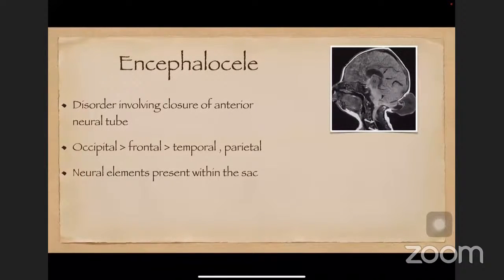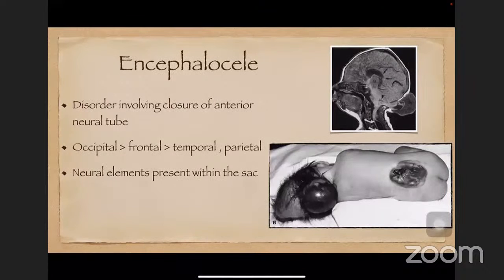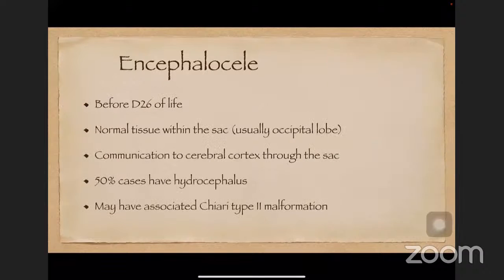So this image shows a defect in the occiput. You can see a large sac-like structure, and the arrowhead shows that some neural element is present within the sac. And this image shows an occipital encephalocele as well as a lumbar meningomyelocele, usually seen day 26 of life.